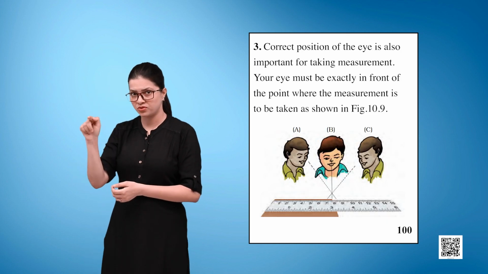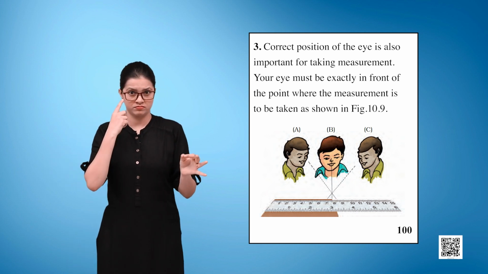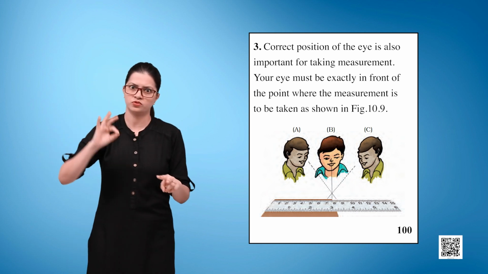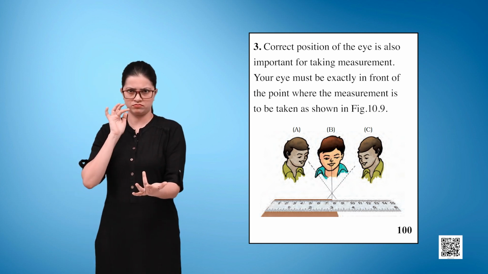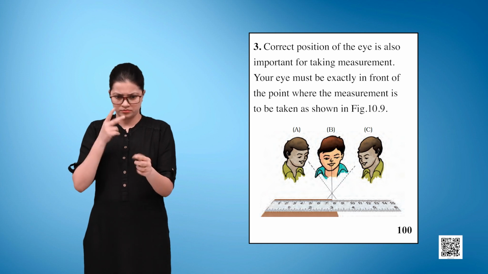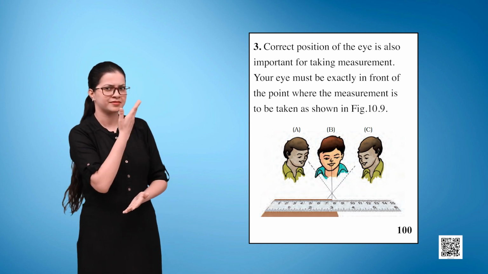3. Correct position of the eye is also important for taking measurement. Your eye must be exactly in front of the point where the measurement is to be taken, as shown in figure 10.9.